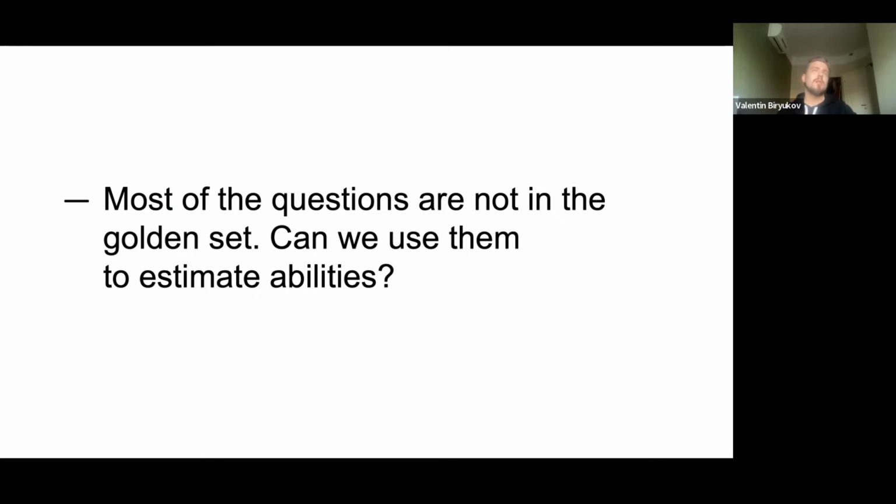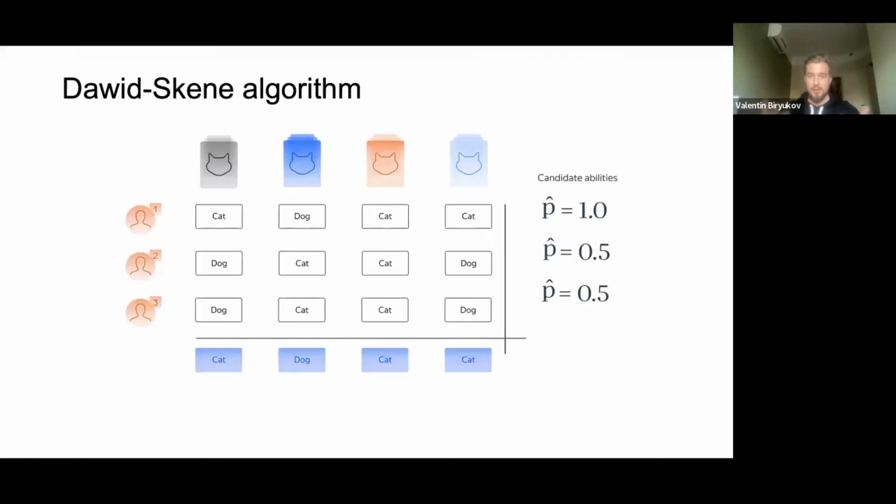Generally, we want to optimize the whole model and to know the skill and the correct answer of our tasks. So these statements sound like an expectation maximization model.